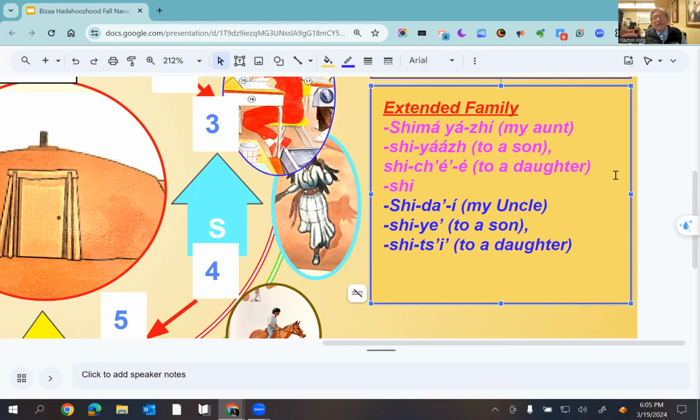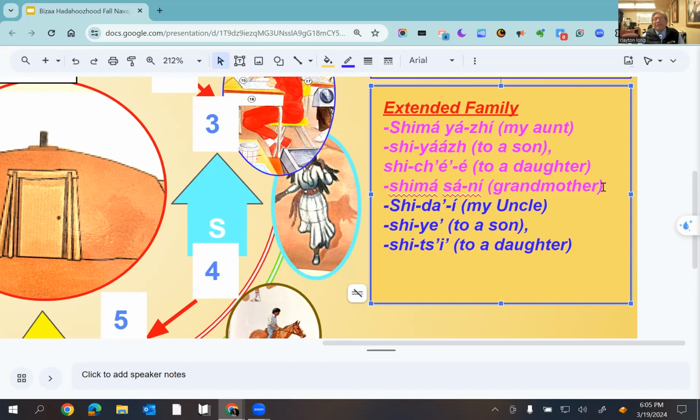Share, ma. And then, what do you think this word is? Sana, the word for grandmother. Sana means old, my old mother, okay?